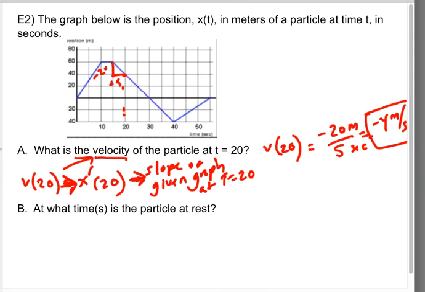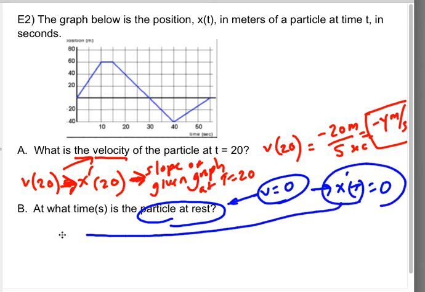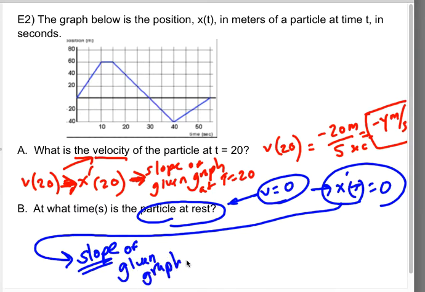At what times is the particle at rest? Well, remember, at rest means v is 0. So you hear particle at rest, your brain says, when is v equal to 0? What you translate from that is that's when x prime of t is equal to 0, which is when the slope of the given graph is equal to 0.